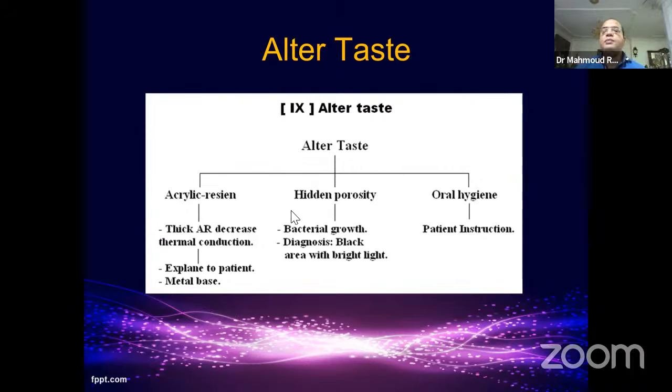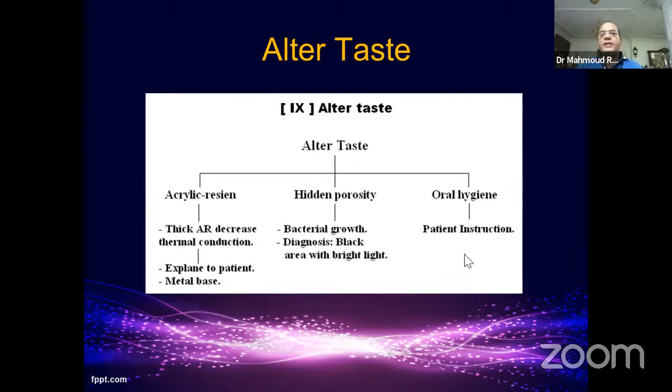We may have hidden porosity in the fitting surface of the denture. Hidden porosity will be a better place for bacterial growth, and this will cause taste alteration also.